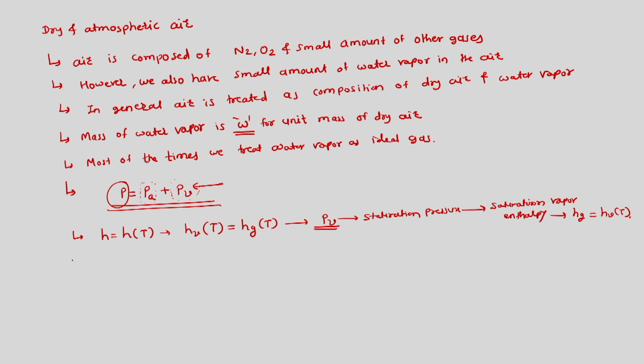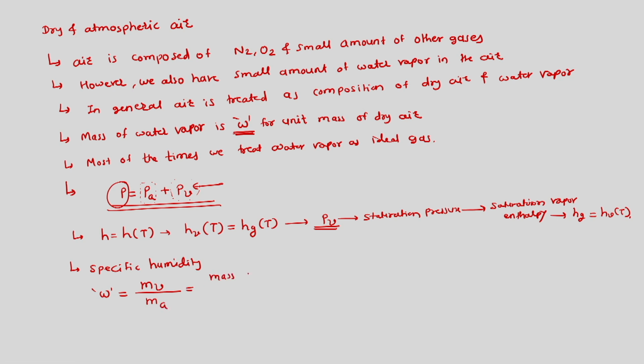Then we will have some other terminologies, which include specific humidity. Specific humidity is denoted here by omega, and this omega is treated as the mass of water vapor divided by the mass of dry air.